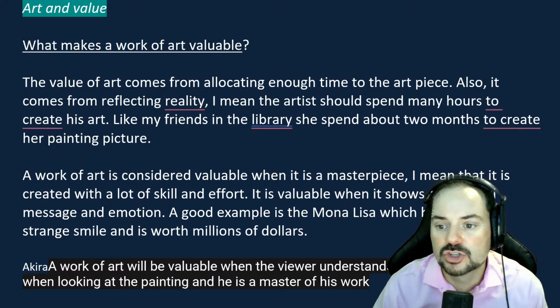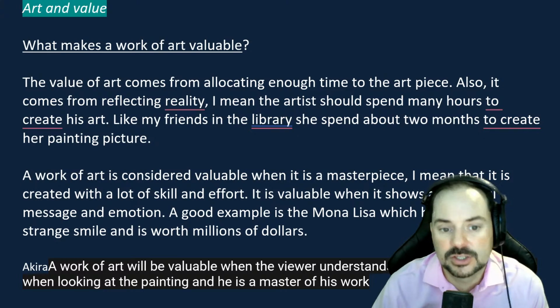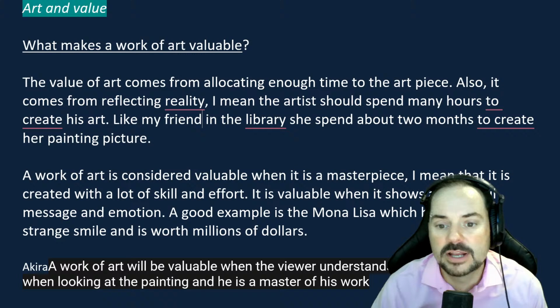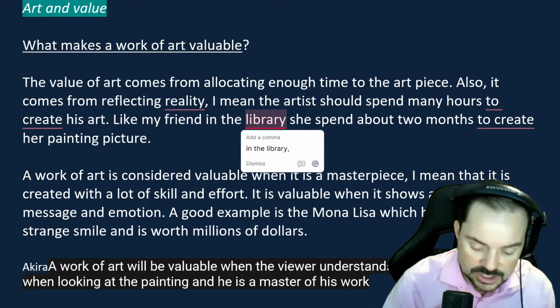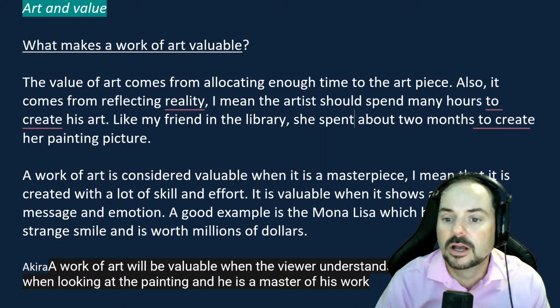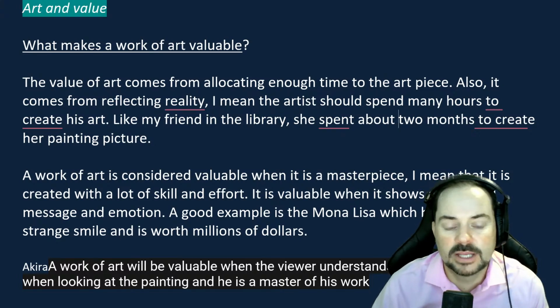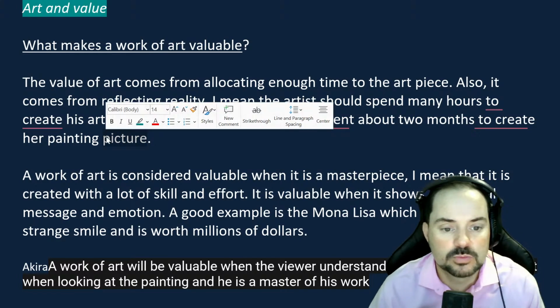I mean, the artist should spend many hours to create his art. Like my friend, not friends, like my friend in the library, she spent about 2 months to create her painting picture. Painting picture is repetition of words, so we just want one.